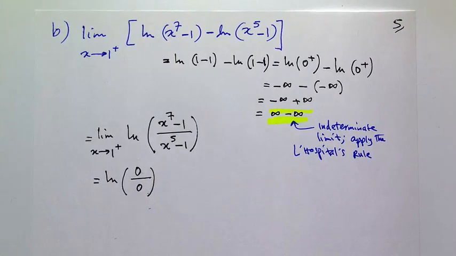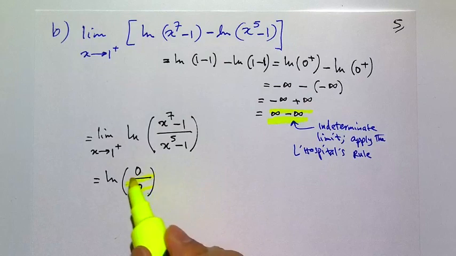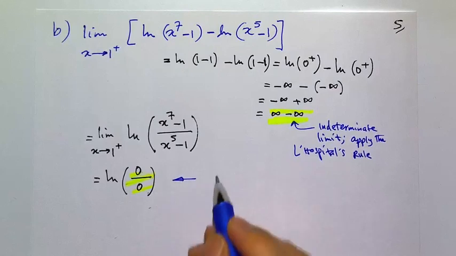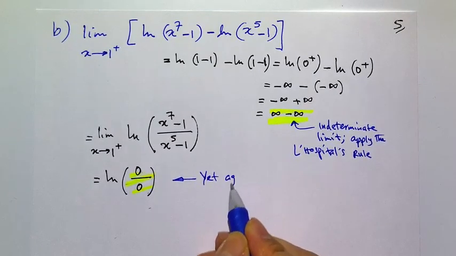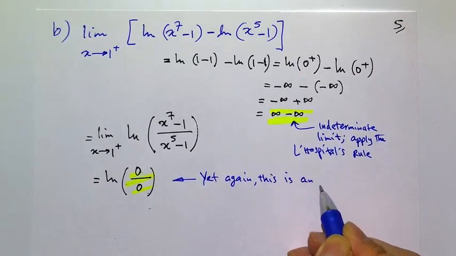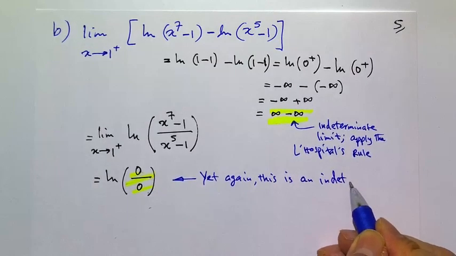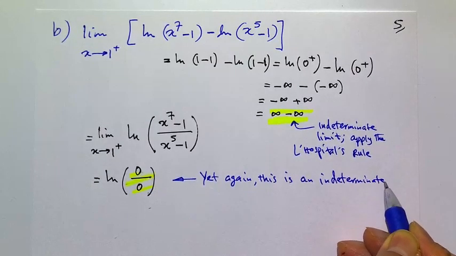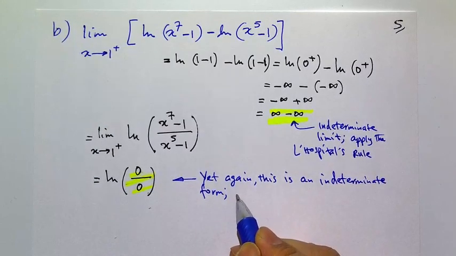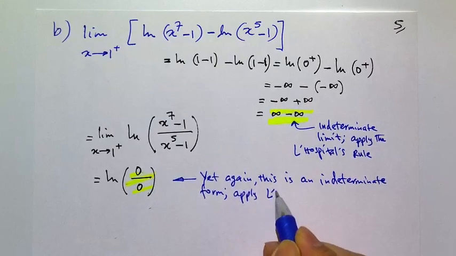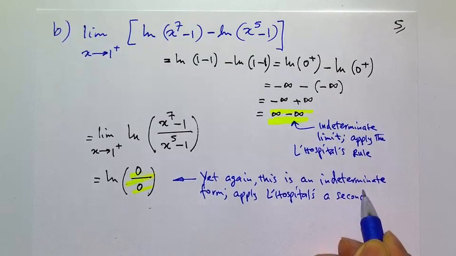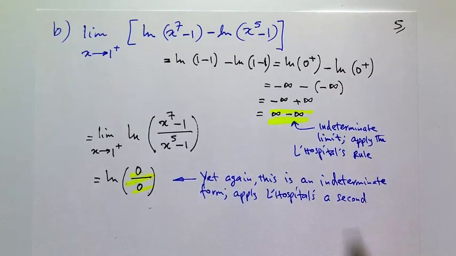So this is again an indeterminate form, and I want to highlight that yet again. So we apply L'Hopital's rule a second time, and we can apply it as many times as it's applicable.